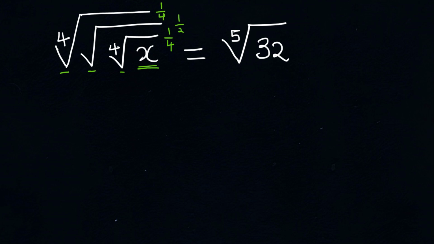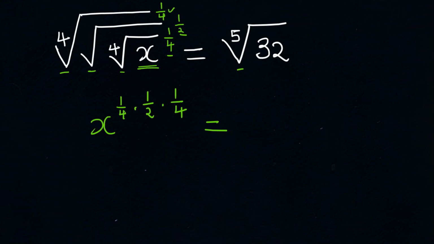So here we're gonna do x to the power, we start with this one, 1 over 4, multiplied by 1 over 2, which is this one, and then multiplied by 1 over 4, which is this one, is equal to.